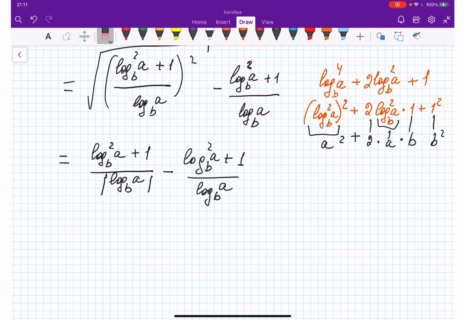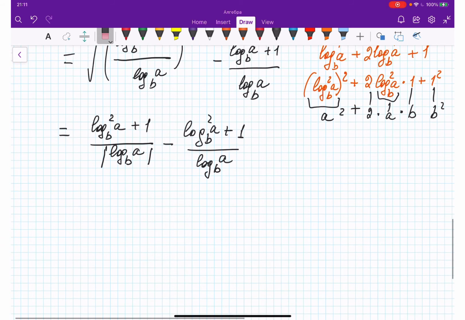Now let's see what we're going to get, because we have an absolute value. That means log_b(a) in the denominator can be positive or negative. Let's look into two cases. First case: log_b(a) is less than 0.